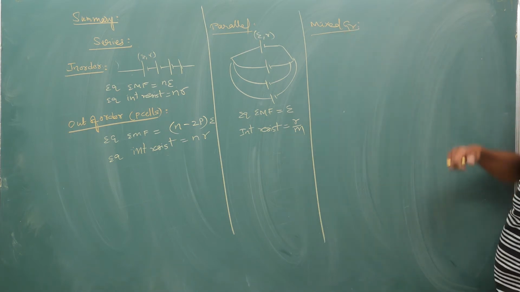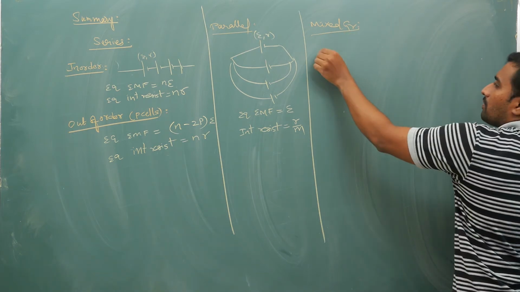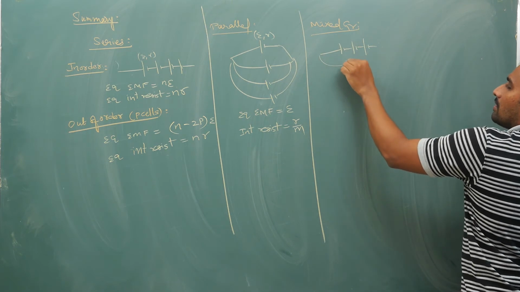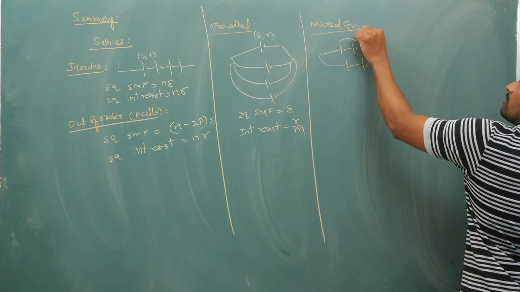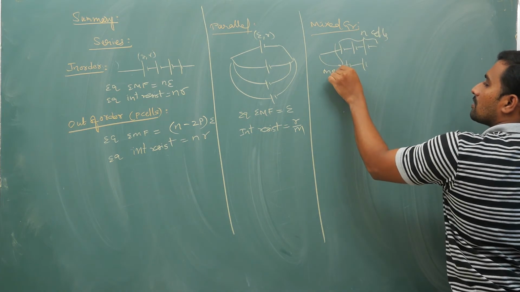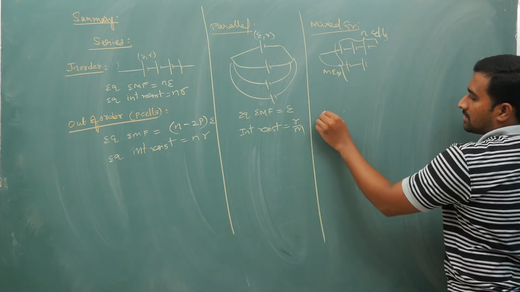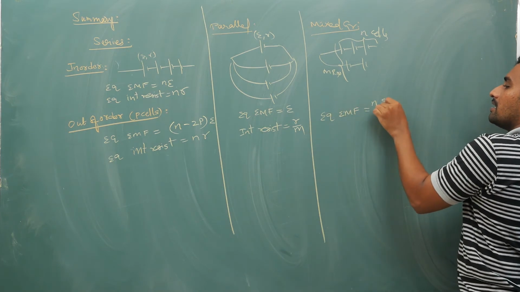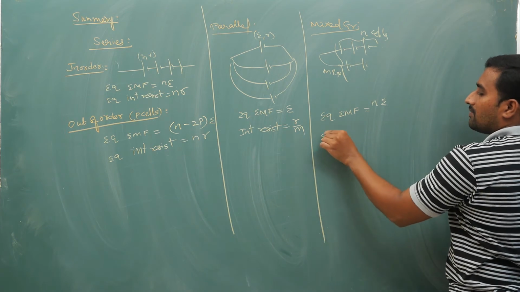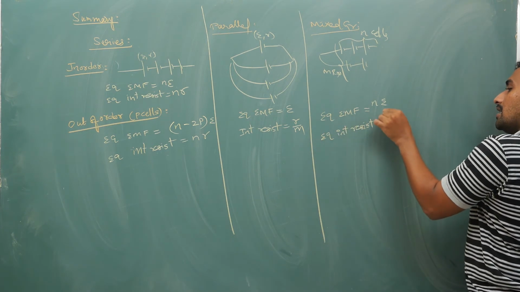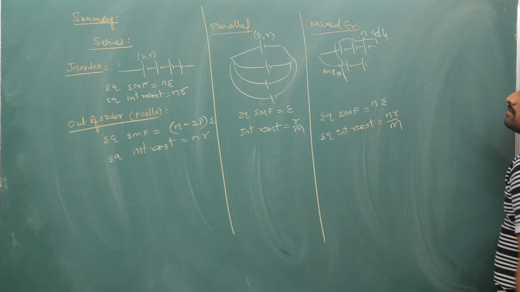In mixed grouping, if you have N cells in a row, and M rows, in this case your equivalent EMF is N into E, equivalent internal resistance is NR by small m.